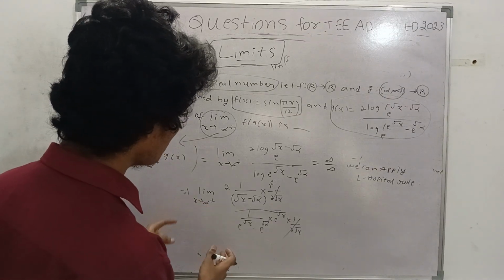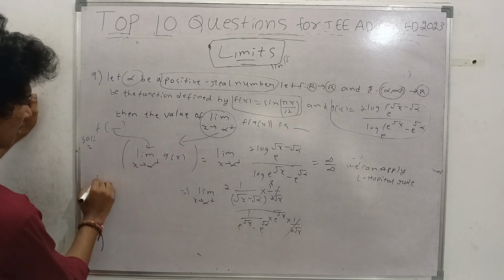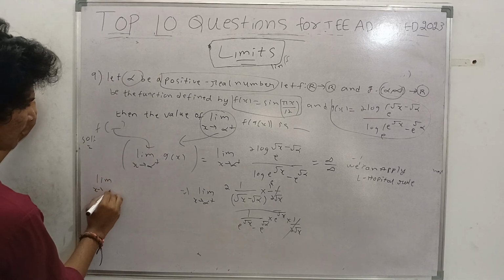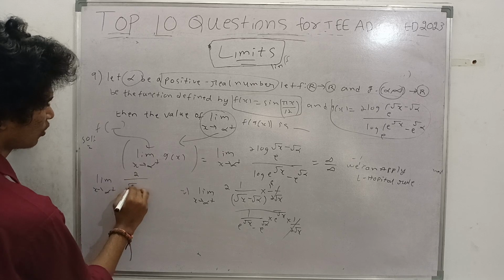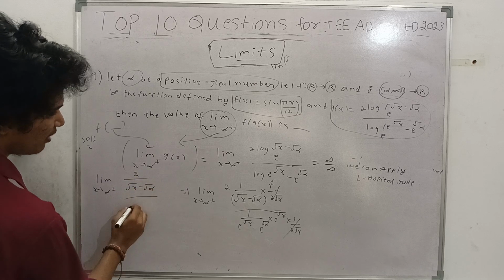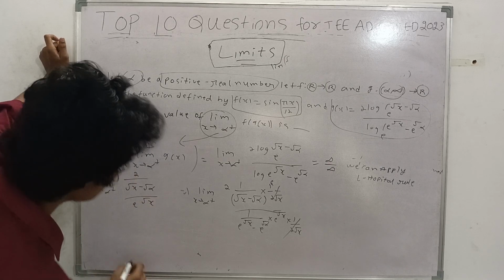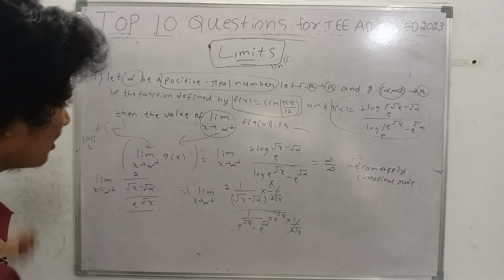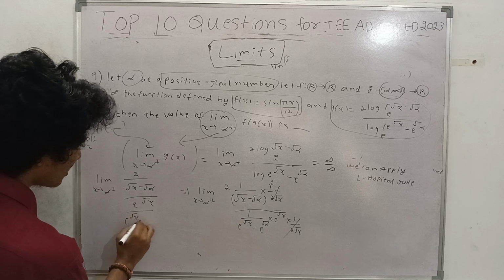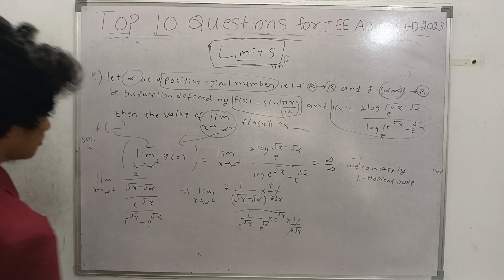Now what it can be? It can be limit x tending to alpha plus 2 divided by root x minus root alpha, divided by e power root x divided by e power root x minus e power root alpha, this thing.